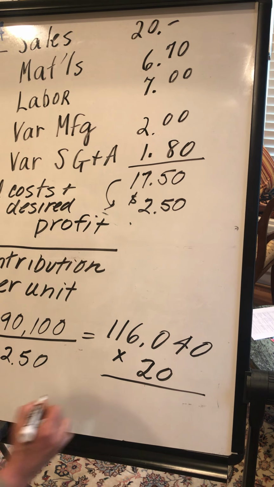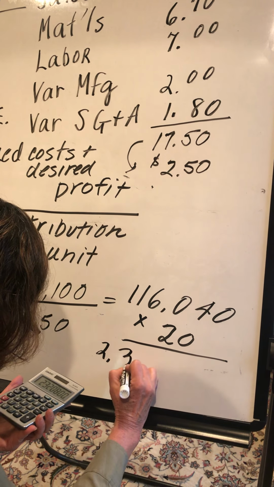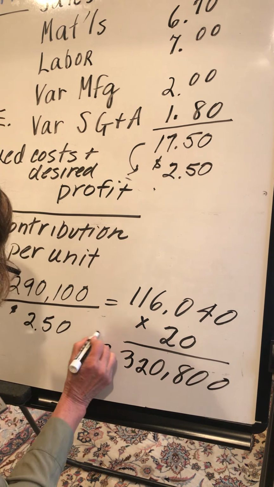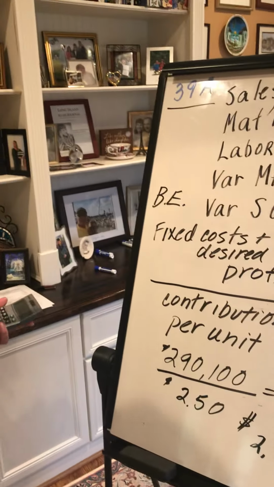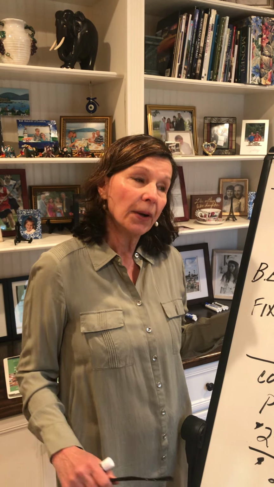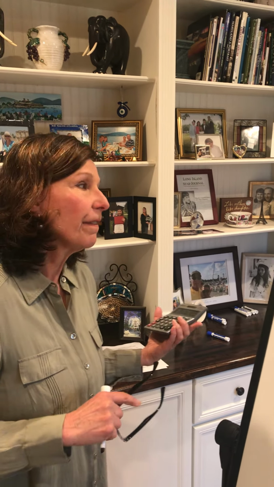And that gives us $2,320,800. And that's our break even in dollars. So I will end this session and I will pick up with item number 5. Stay well and stay safe.